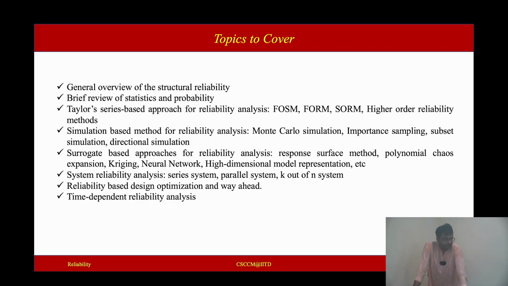After a thorough review of statistics and probability, which might be 3 to 4 or even 5 lectures, we will then start with actual reliability, where we will talk about the limit state function, the performance function. We will talk about FORM, which is the first order reliability method, FOSM, which is the first order second moment method, SORM, which is the second order reliability method, and HORM, which is the higher order reliability method.